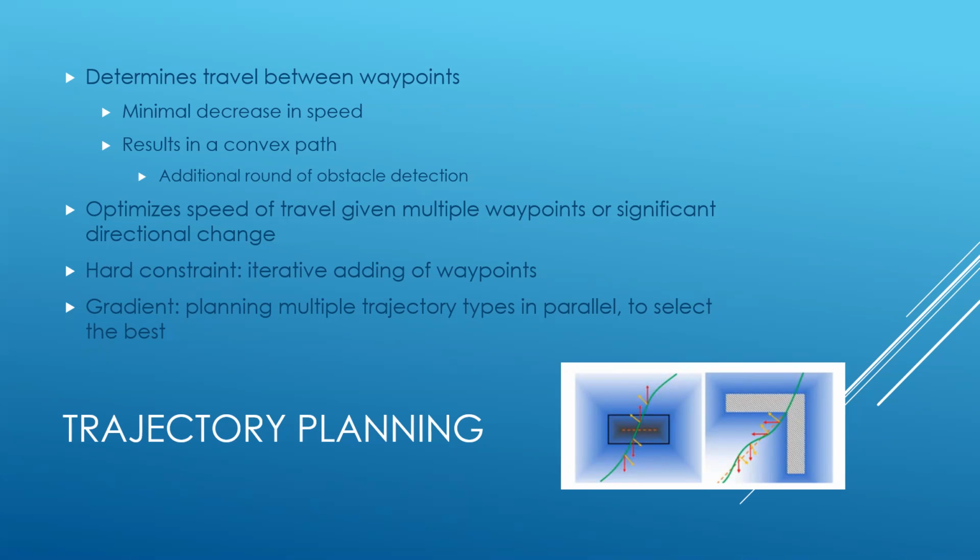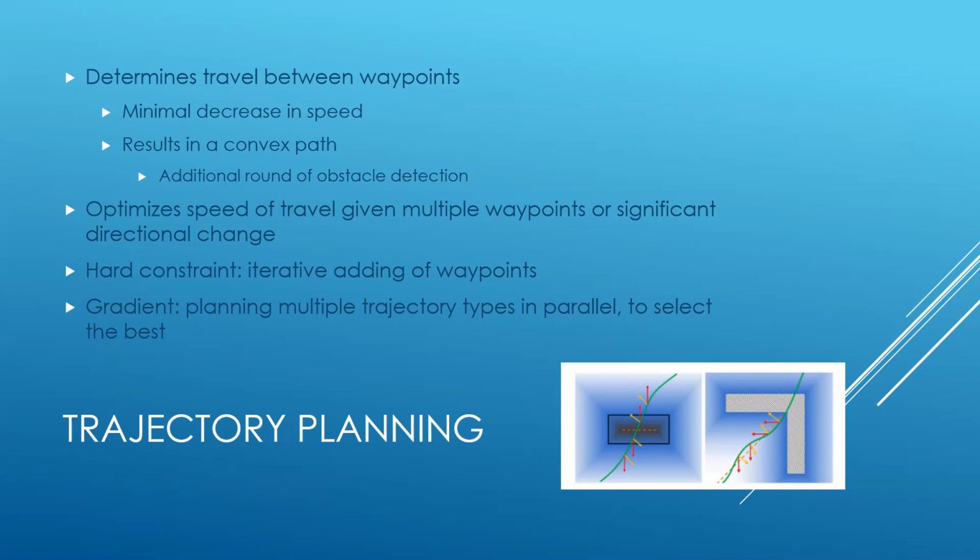Hard constraint trajectory planning is the process of sequentially adding waypoints and determining the best trajectory from one to the next. Alternatively, gradient-based trajectory planning may involve calculation of multiple waypoints at the same time by plotting different trajectory types in parallel and selecting the best.